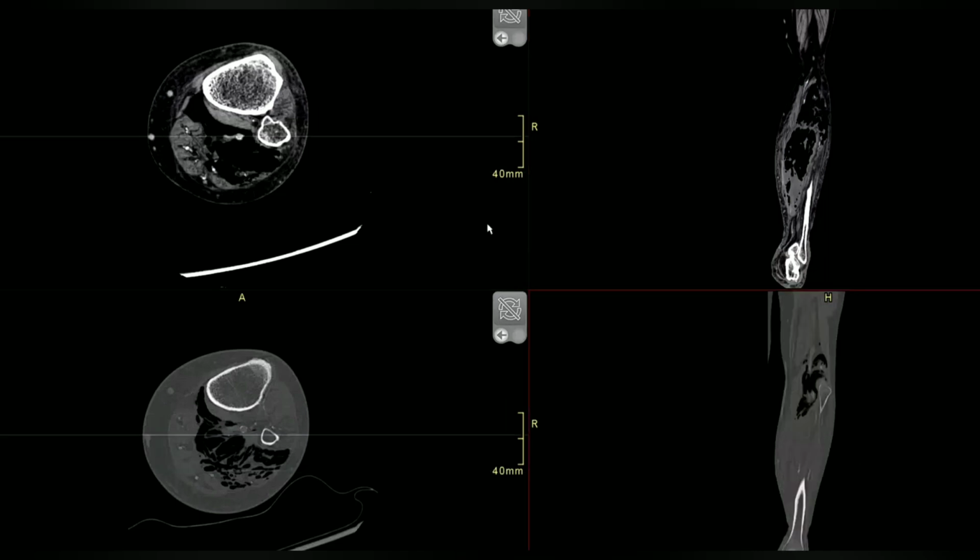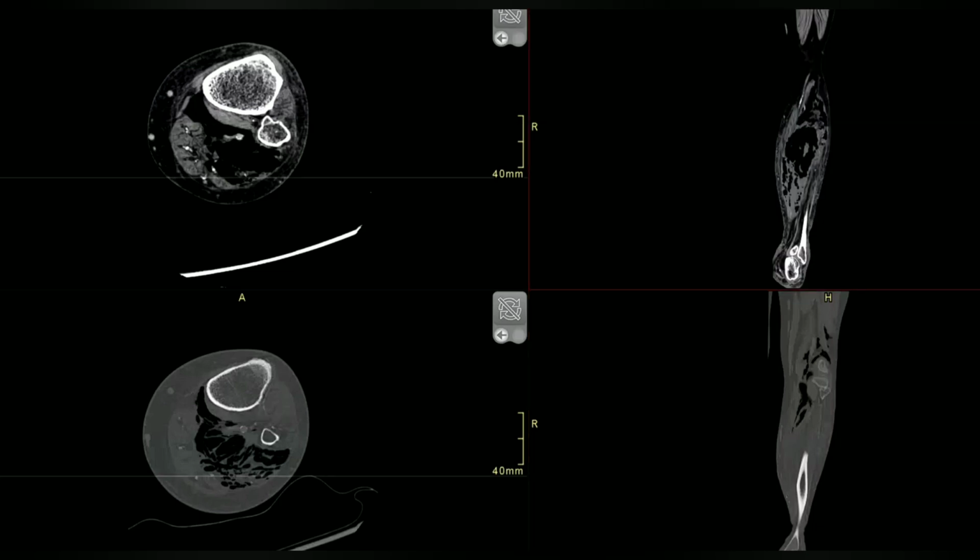However, the lucencies seen on X-ray are also present in these images. Okay, so what's your diagnosis? On basis of these findings, my diagnosis is soft tissue abscess.